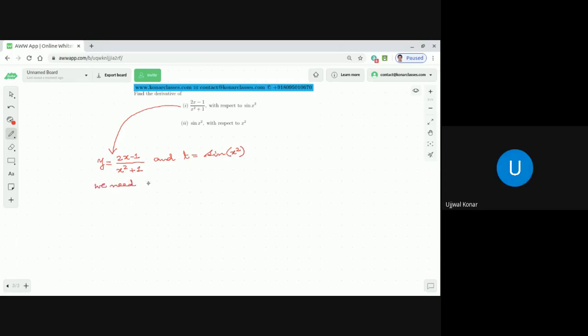Then what do we need to find? Can someone please tell me? dy/dt. Perfect. We need to find dy/dt. But y is not a direct function of t. So how to find dy/dt? y is a function of x, and t is also a function of x.